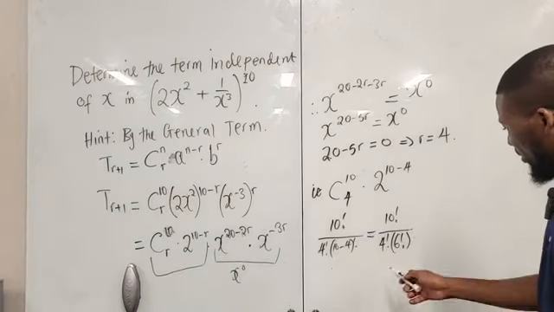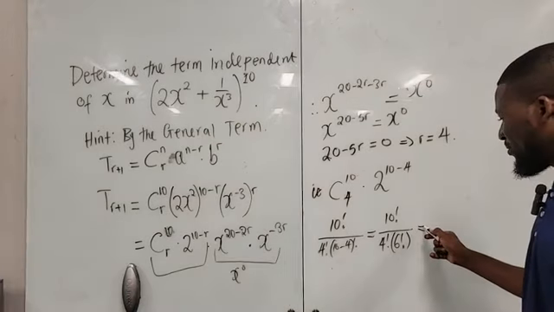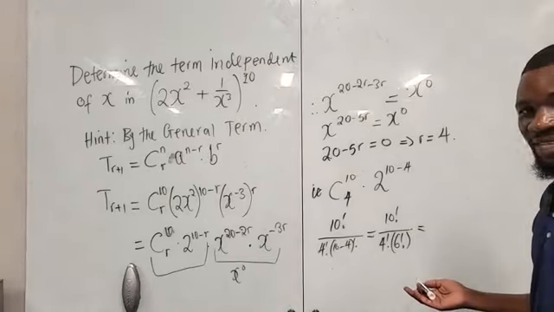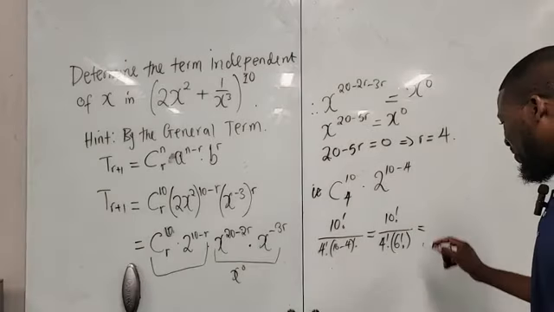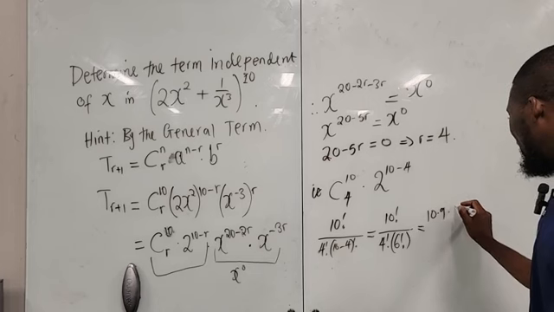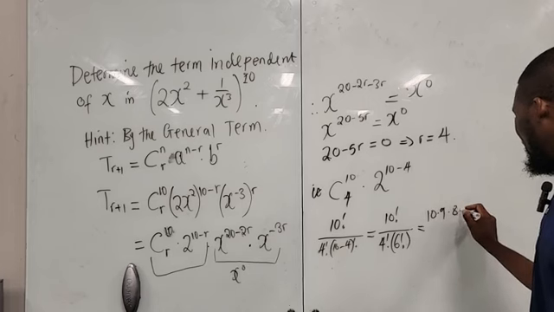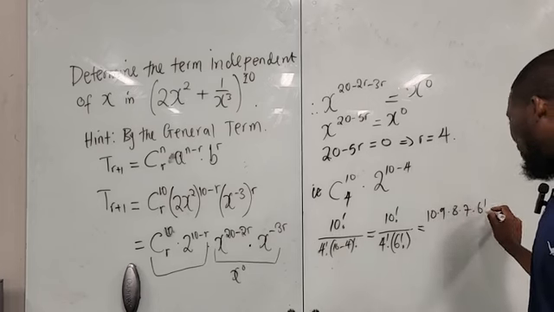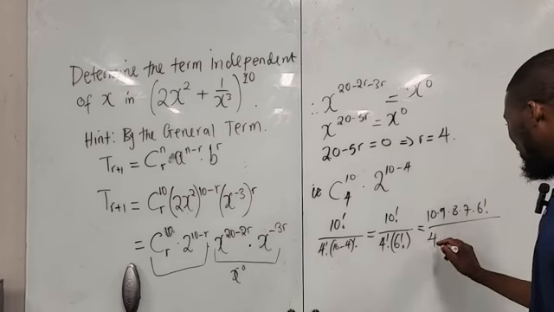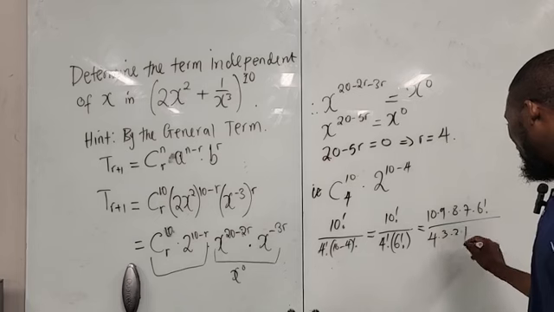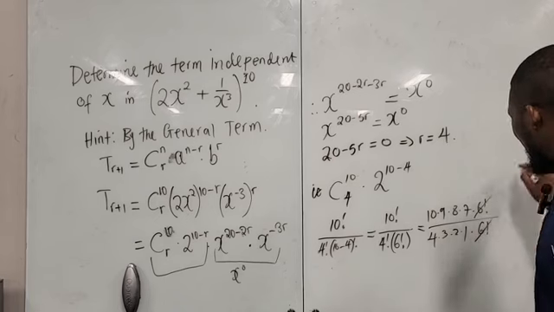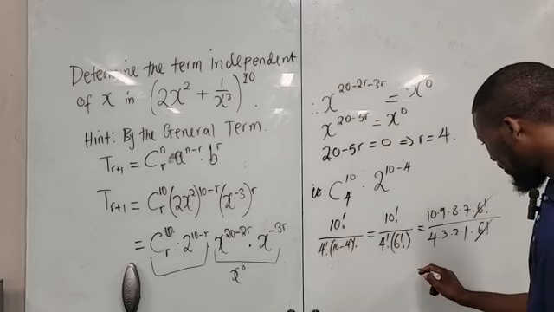Okay, so what is this? In some cases you use a calculator, in some cases they don't allow a calculator, so I can write 10 as 10 multiplied by 9 multiplied by 8 multiplied by 7 multiplied by 6 factorial, so that it can cancel out with that. Then I say 4 by 3 by 2 by 1 multiplied by 6 factorial. So this and this go, right?